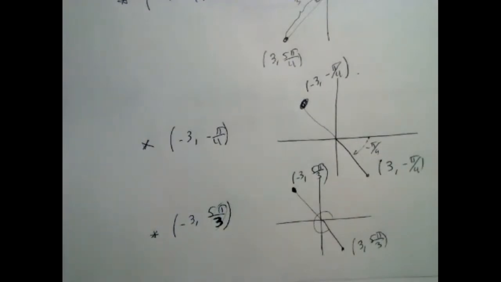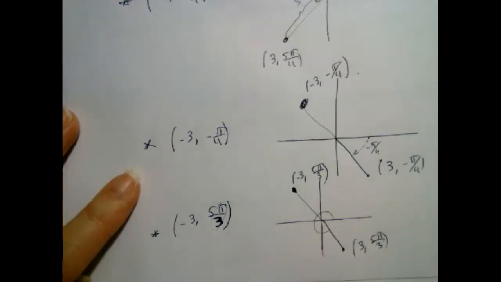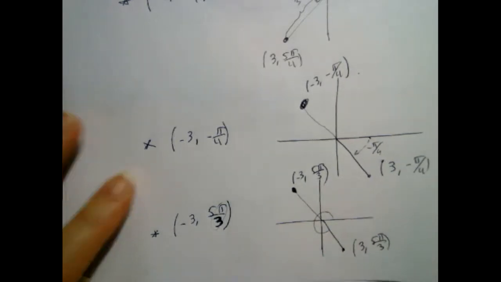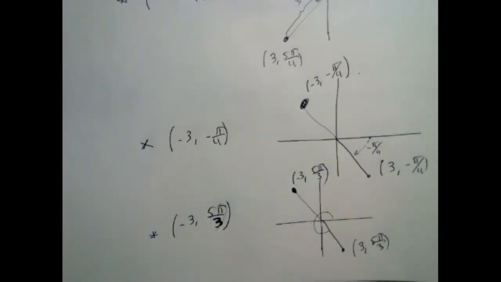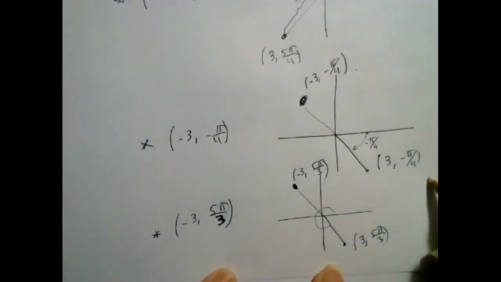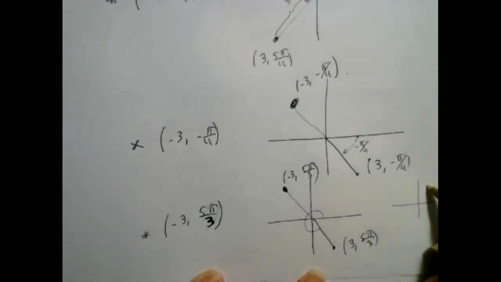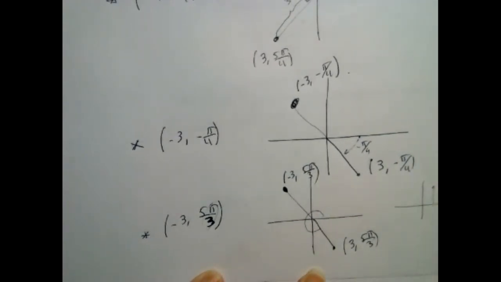Okay, with this now, we're going to allow R to be positive and to be negative. There will be no more restriction on R using this definition. Now, in Cartesian coordinates, every point has a pair of coordinates, and this pair of coordinates is unique.